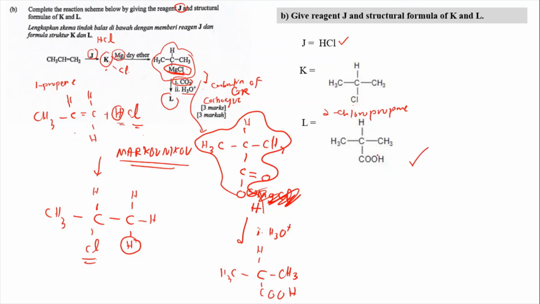If the naming goes 1, 2, 3, it's going to be propanoic acid, and the methyl group is attached to carbon number 2, so it's 2-methyl propanoic acid. But the drawing of the structure is sufficient. The naming is just extra. You don't have to write the naming, just for your practice.